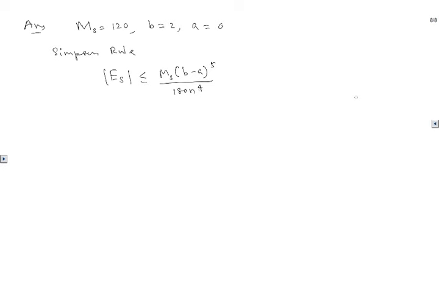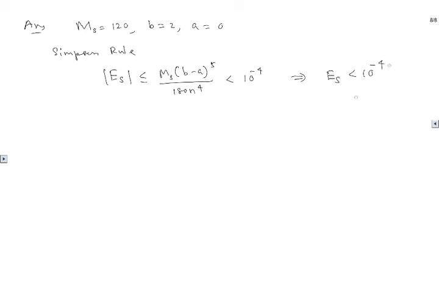What we need is to make this smaller than 10 to the negative 4, because if this is less than 10 to the negative 4, then automatically E_S is less than 10 to the negative 4.